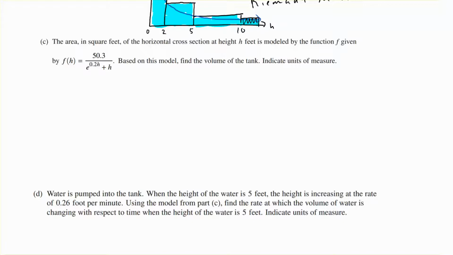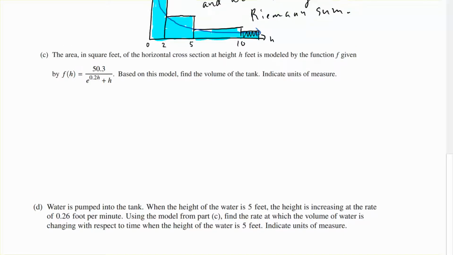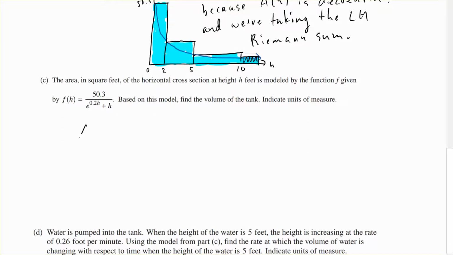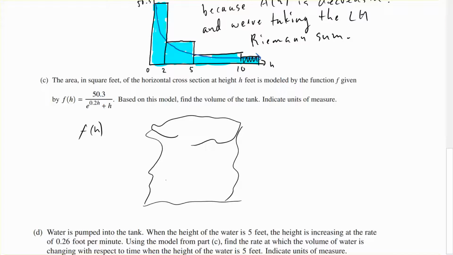Now, in order to do this question, which is quite simple, if you get the concept of what is being asked here. So f of h gives some sort of cross-sectional area of this weird tank that may have some sort of shape. And each cross-section, no matter what shape, is given by f of h.